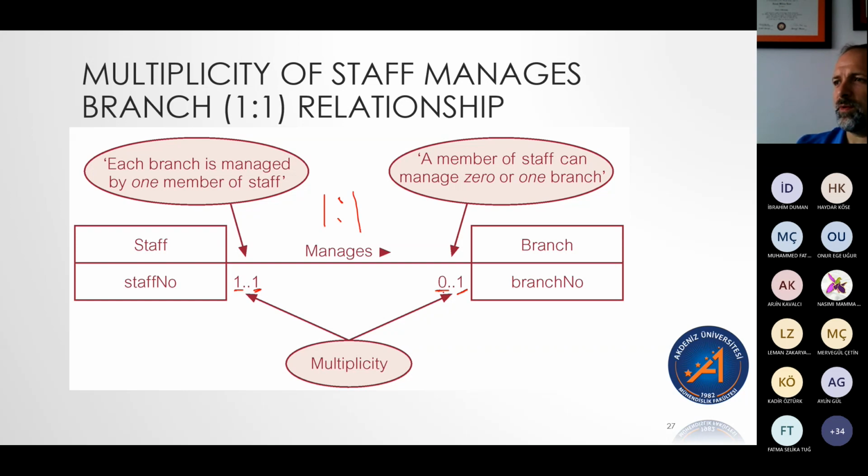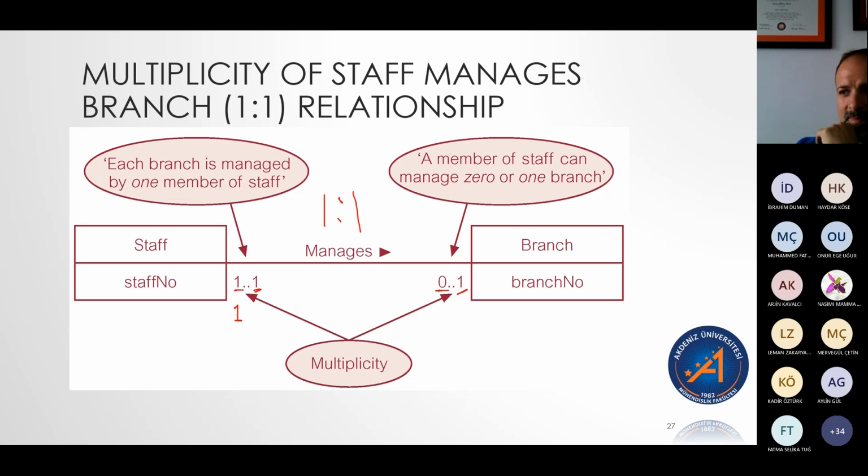So again, the way we can read this up here, a member of staff can manage 0 or 1 branch. Each branch is managed by 1 member of staff. Okay. By the way, this could also be written as just a 1 by itself, right? If we see a 1 by itself, we understand that to mean 1 and only 1.